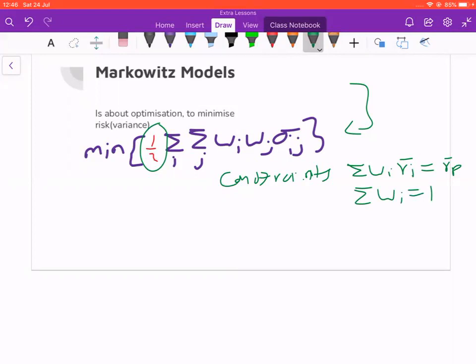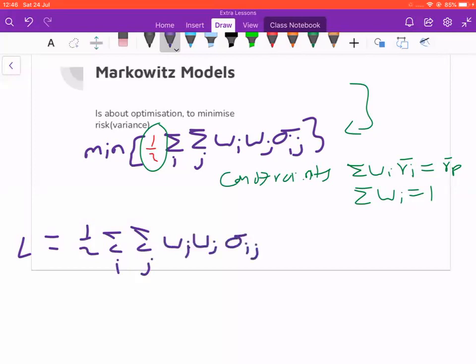So in the Lagrange equation, remember we are trying to optimize. To write our Lagrange equation, our Lagrange is going to be one half the sum over i, j, weight of i, weight of j, sigma i and sigma j, minus the sum of our weight returns minus the portfolio returns, right?